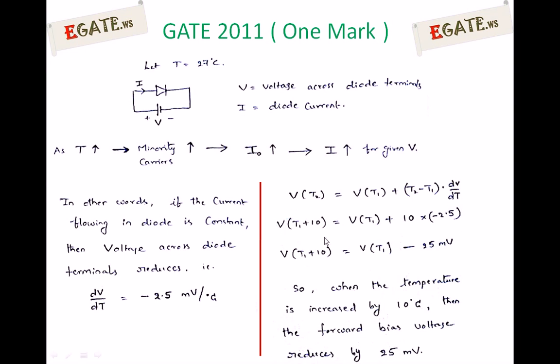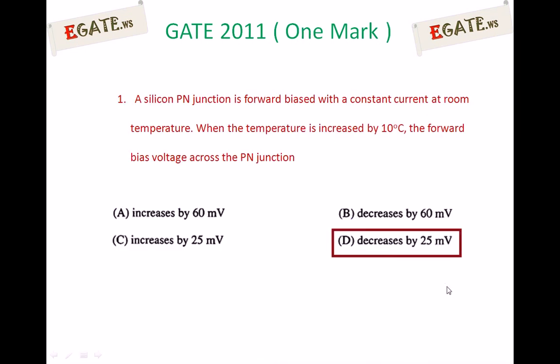V of T1 plus 10 is equal to V of T1 plus 10 degrees centigrade multiplied by dV by dT, which is minus 2.5. So V of T1 plus 10 is equal to V of T1 minus 25. So when the temperature increases by 10 degrees centigrade, the voltage across the diode reduces by 25 millivolts. The right answer is D, decreases by 25 millivolts.